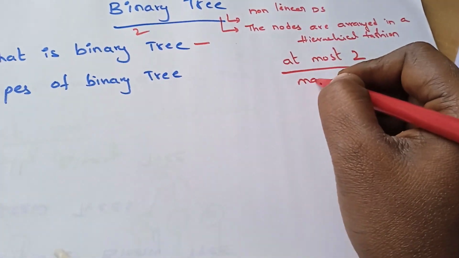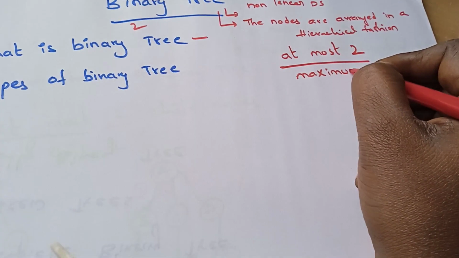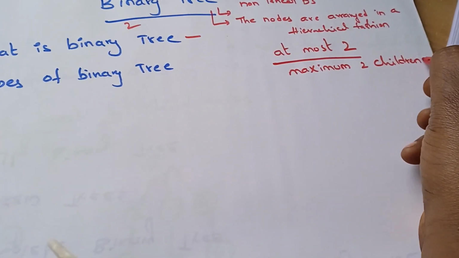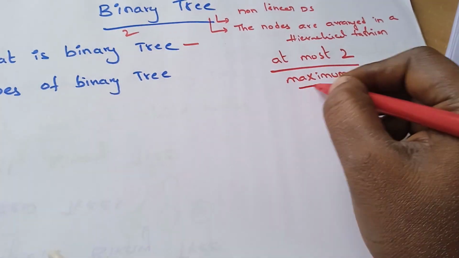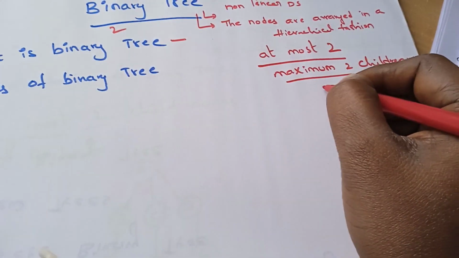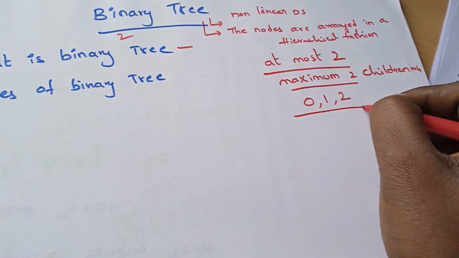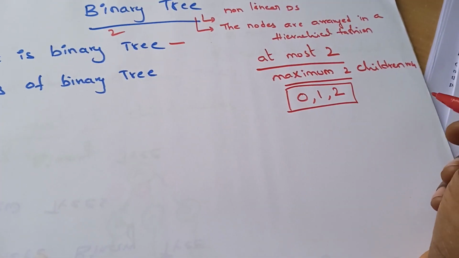That is, maximum two children nodes. Maximum two means it can be 2, 1 or 0. This is a binary tree.